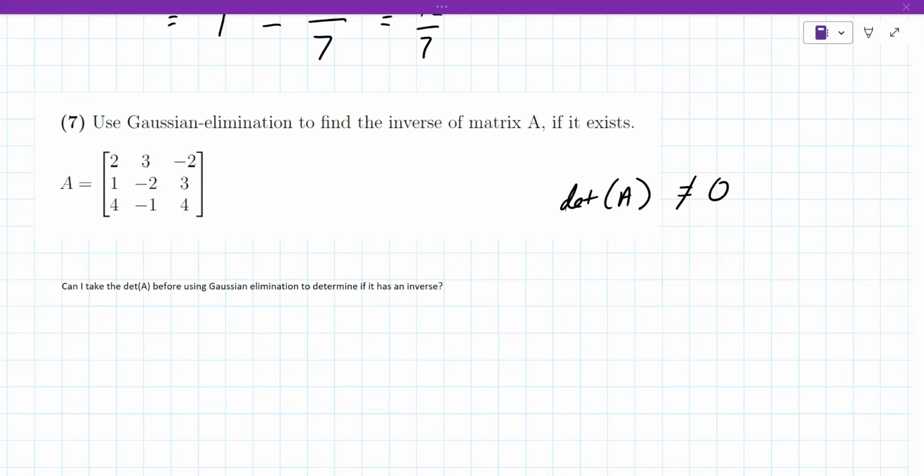Or maybe she wants us to work out why it's a 0. No, I mean, I'm trying to say like, you would never do this. You would just, how do I say this? Like the teacher does the Gaussian elimination, but you don't need to if you figure out that the determinant A is 0. Okay. So I don't know, you can decide.